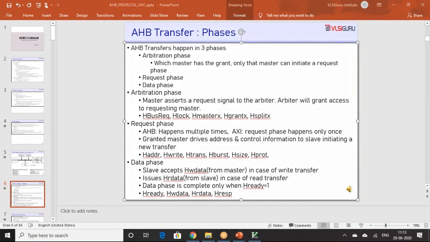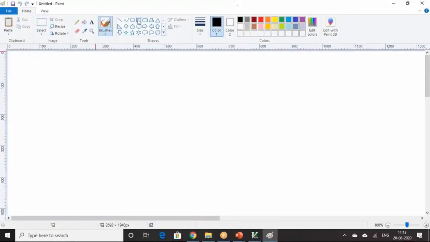If this is the interconnect, and there are 3 masters, let's draw the diagram, because we are going to use this throughout the session. Let's take Paint and draw the diagram. One interconnect.